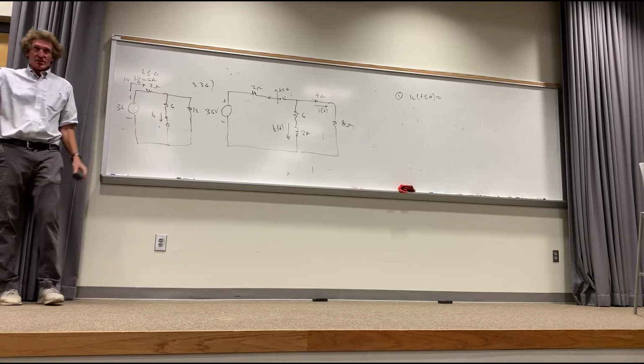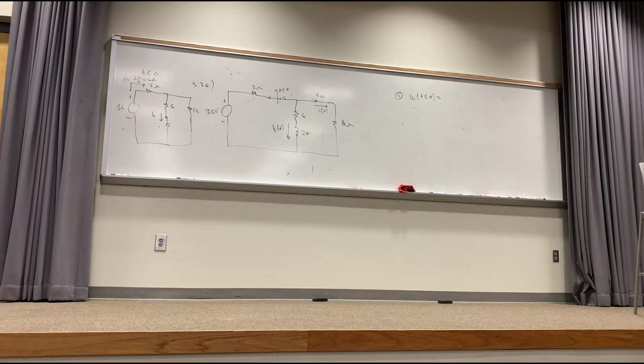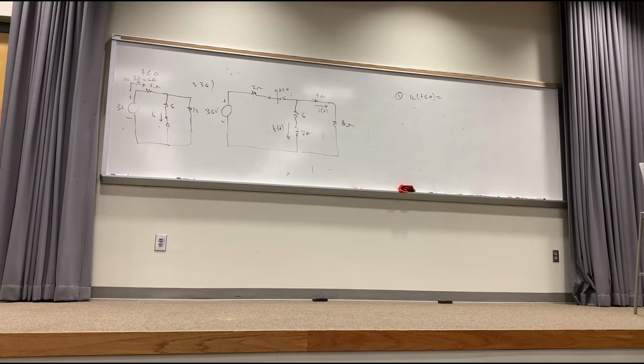This is the way I'm doing it. I found the parallel combination of the two resistances, 4 ohms, and I added it to the 2 because they're in series, and that's the total resistance across that source. If I take that total resistance and divide it into 36 volts, I get the current. It becomes 6 amps, correct?